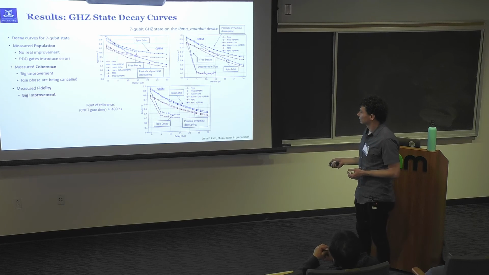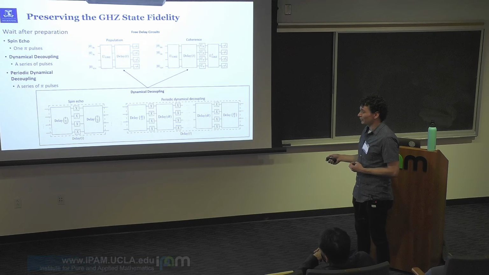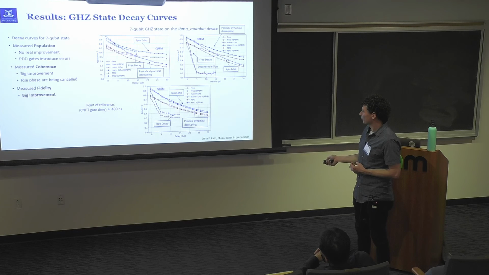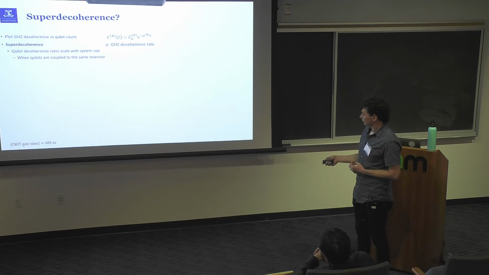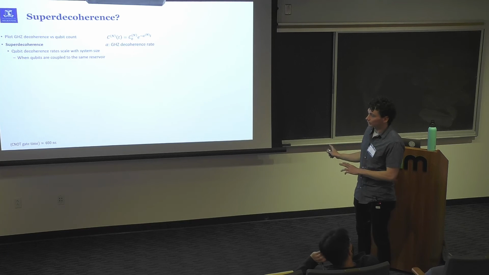That's a good question, actually. I'm not really sure what the DD sequence length is. Those calculations were done by Fidel in our group, and I'm not exactly sure what he chose for that.